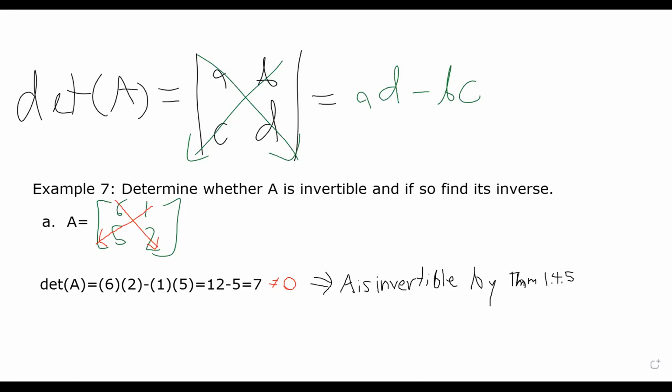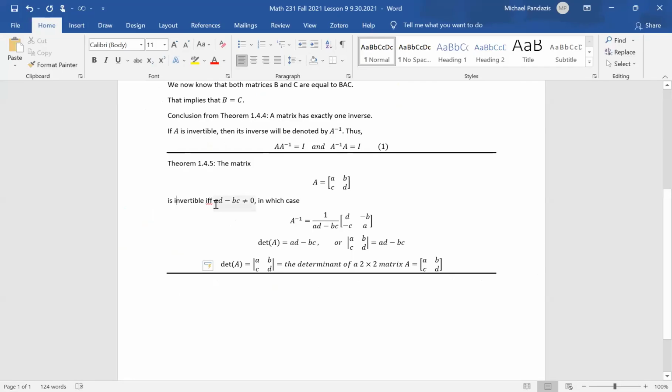Theorem 1.4.5 also says that if it is invertible, then its inverse, A inverse, is equal to 1 over ad minus bc times this matrix. So you're now given A inverse from that theorem, because you've already found that it's invertible.